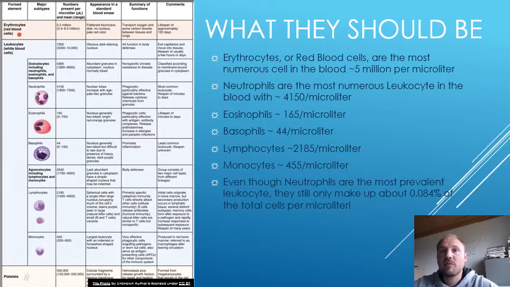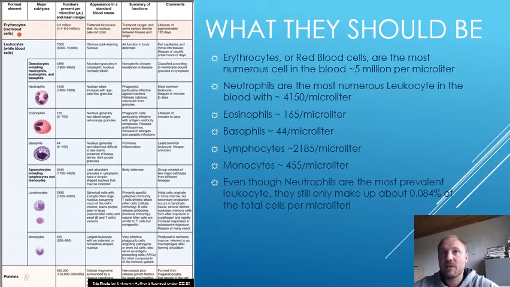Then next will be our lymphocytes at 2,185 per microliter. Then the monocytes, the big guys, there's approximately 455 of those per microliter. Then our eosinophils, 165 per microliter, and last our basophils at 44 per microliter.